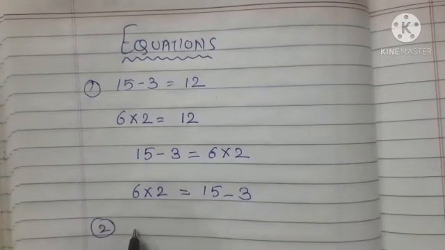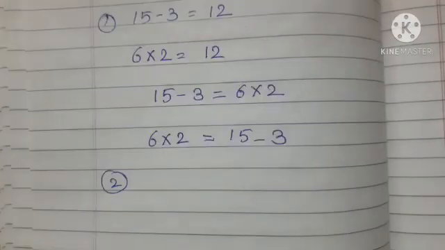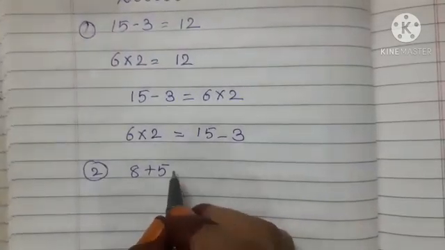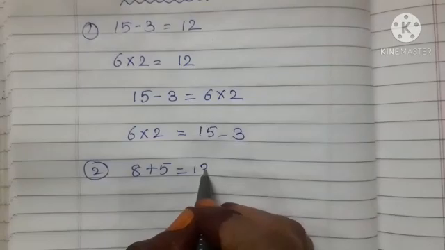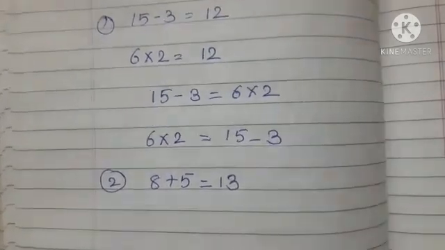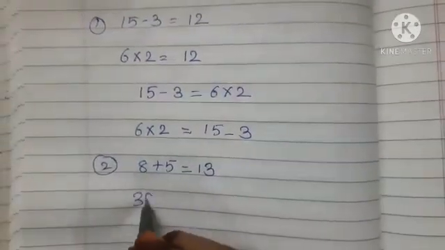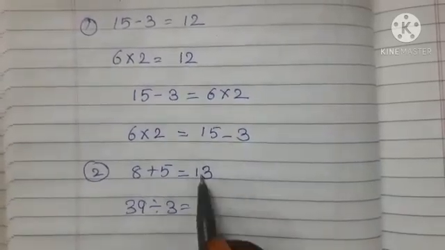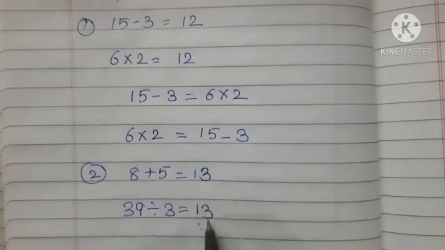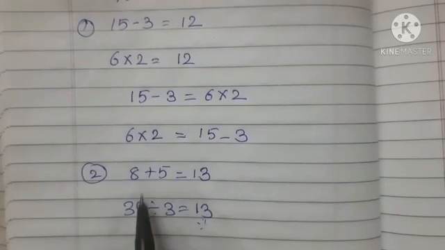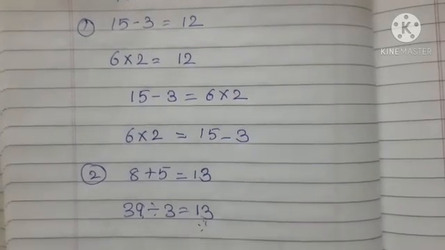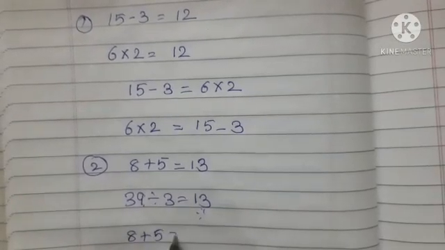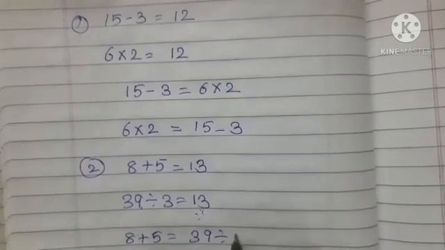Suppose 8 plus 5 is equal to 30, and 39 divided by 3 is equal to 30. Here we can see that the answer of both the mathematical operations is the same. So here we can say that 8 plus 5 is equal to 39 divided by 3.